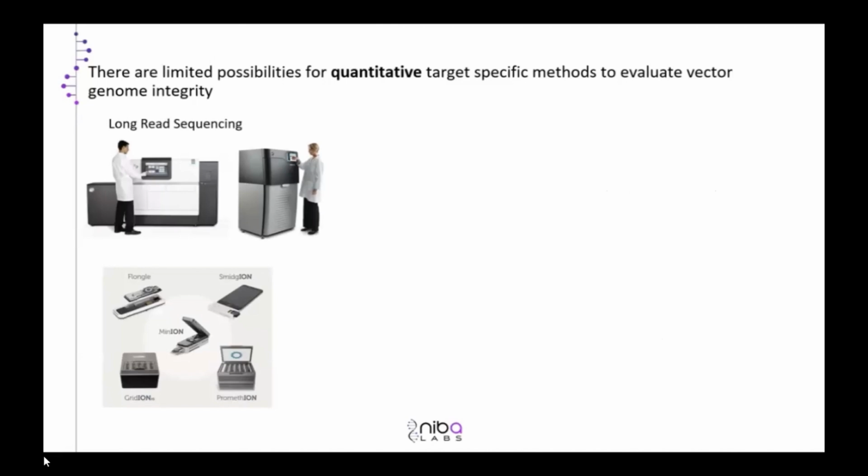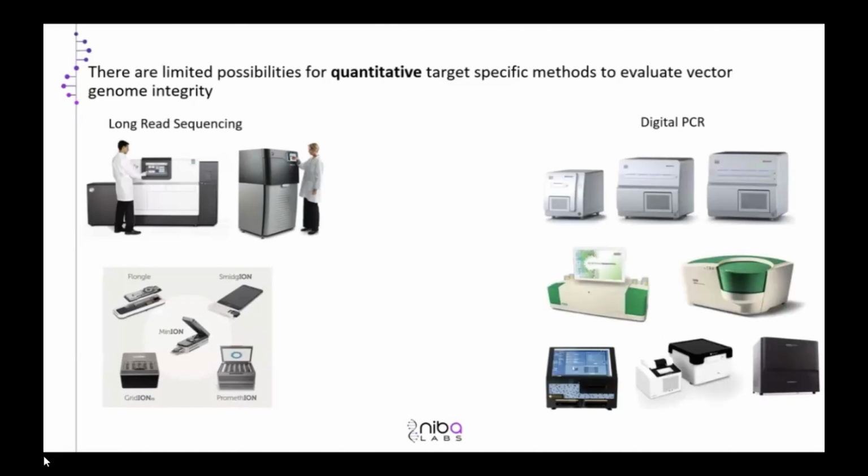Then there's digital PCR, multiplex digital PCR, that is relatively widely used as well for this purpose of genome integrity. And it gives a really absolute quantification of the fragments that are present in the capsids.